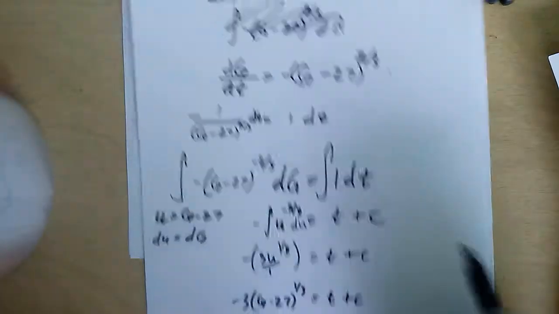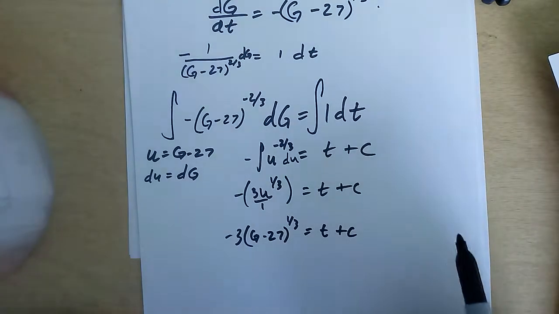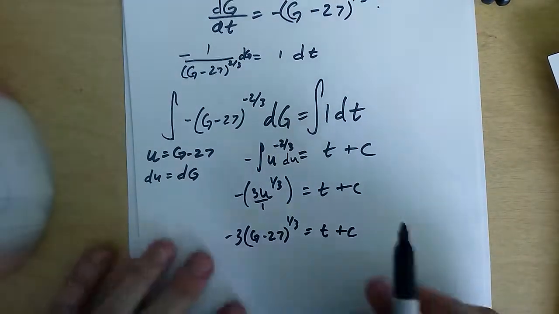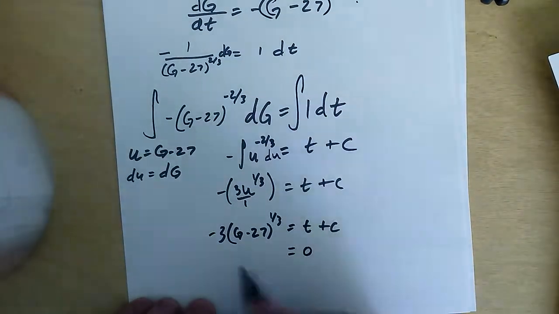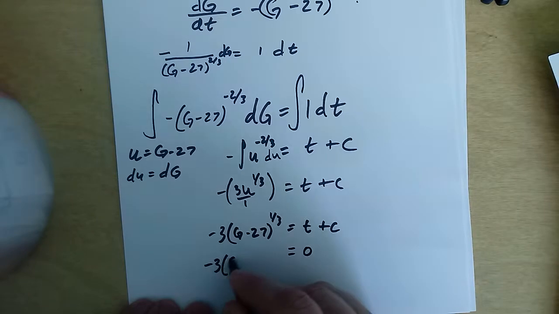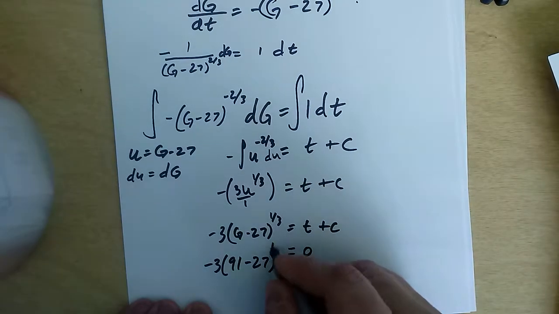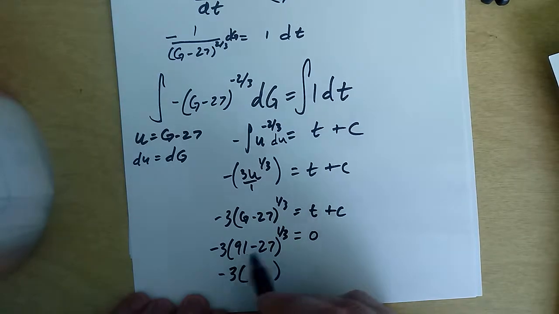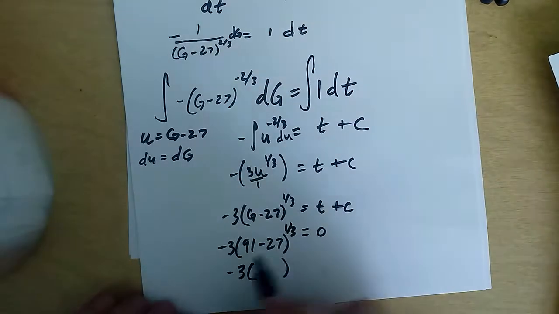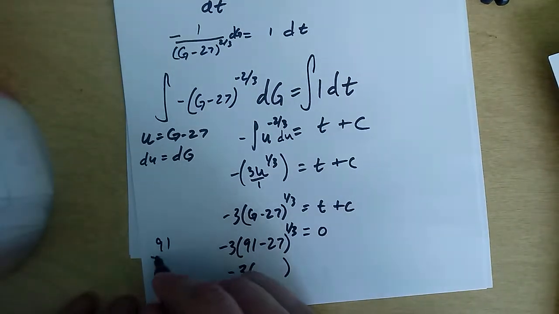So here's using our initial condition now. We know that our initial condition was that g of 0 is equal to 91. So when t is 0, g is equal to 91. So I can say that's negative 3 times (91 minus 27). I'm not going to make the same mistake I made last time, and I'm going to do 91 minus 27.